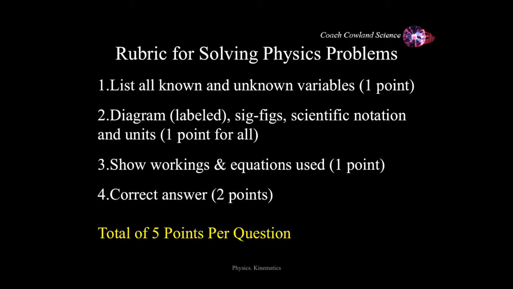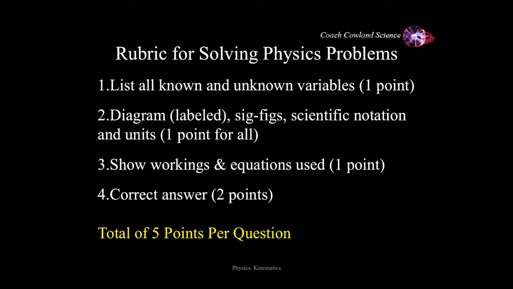That's 20% of your mark there just from reading and extracting the data. If you know that an object starts at rest, you know that v0 is equal to 0, for example. If you know that the acceleration is acceleration due to gravity, you can write that down as well. It's also important to list what it is that you are looking for, or your unknown variable, so that at the end of the day you give the correct part of your answer.